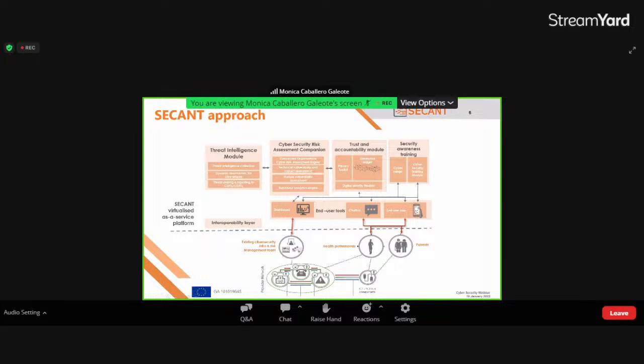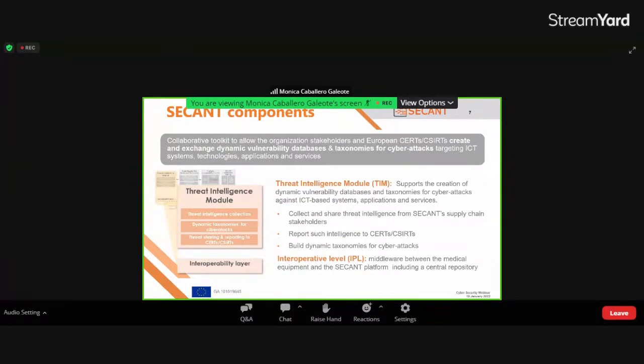So let me comment a little more on these different models and the solutions we are now developing. The first one is a collaborative toolkit to allow the organization stakeholders, as well as European CERTs and CSIRTs, to create and exchange dynamic vulnerability databases and taxonomies for cyber attacks. Here we have two different models.